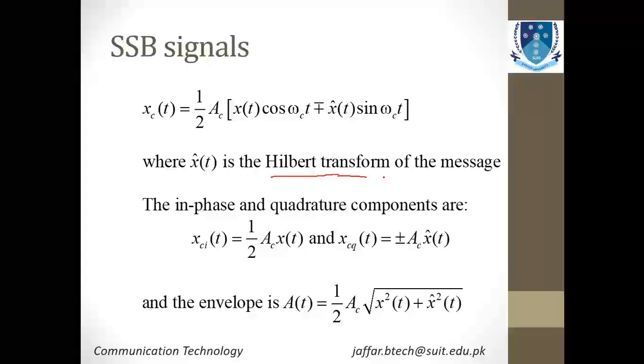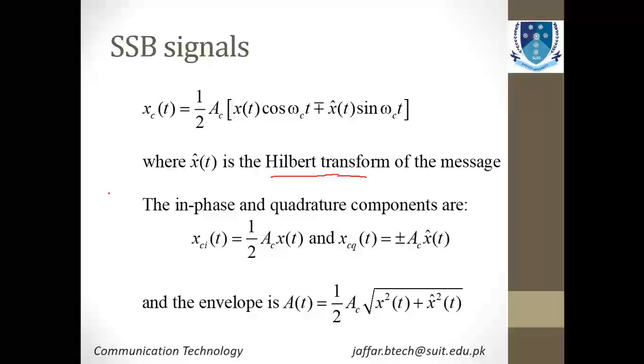I have just mentioned it here for your information, so that if you are not able to understand this transform on your own, you have the question in mind and can ask me in class, and I will give you bonus marks if you ask me about the Hilbert transform in class. You just have to ask me and you will get a bonus mark.